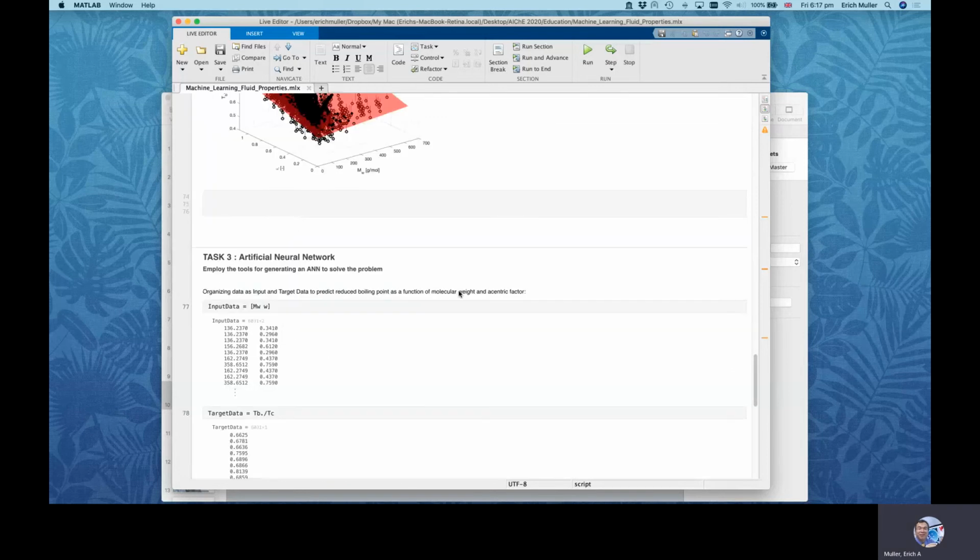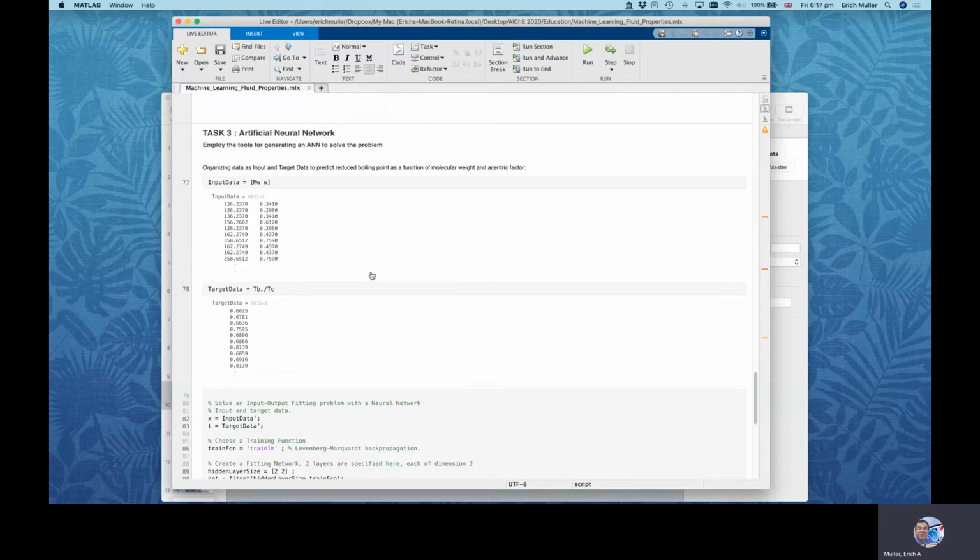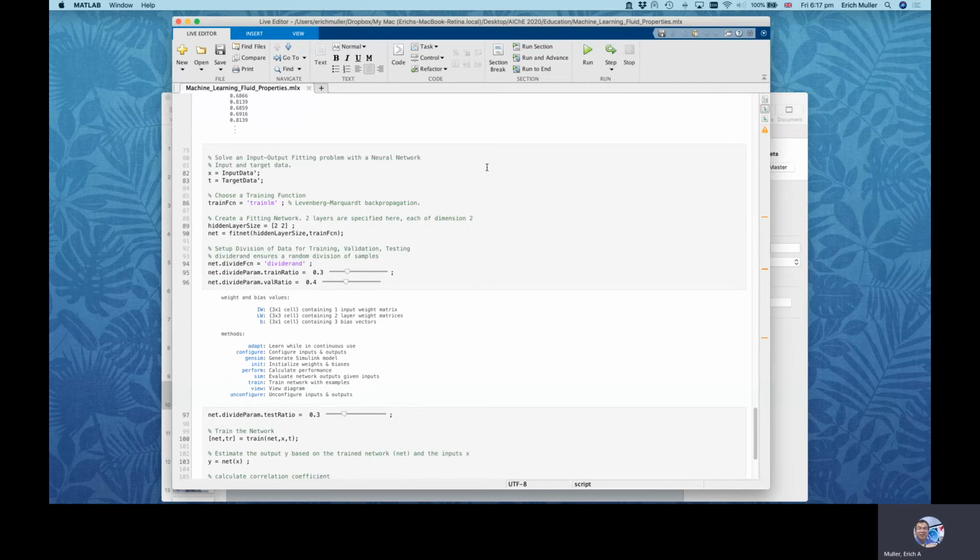So here's where we use the artificial neural network. We manipulate some input data, we have some output data, and we provide the students with the code. And believe it or not, the code is basically just these lines. There's an input data, target data, a training function, and a fitting of the neural network.